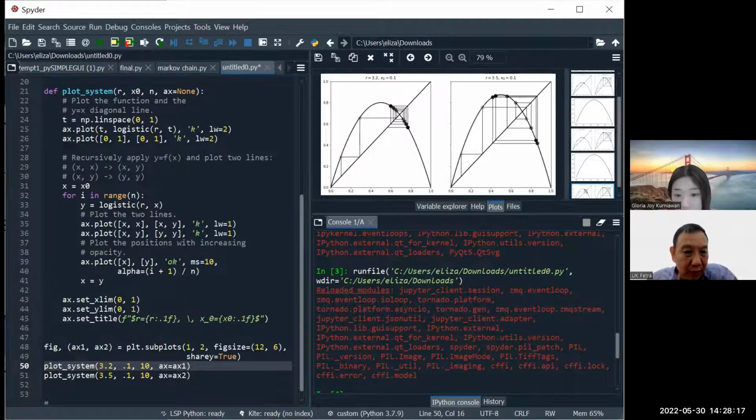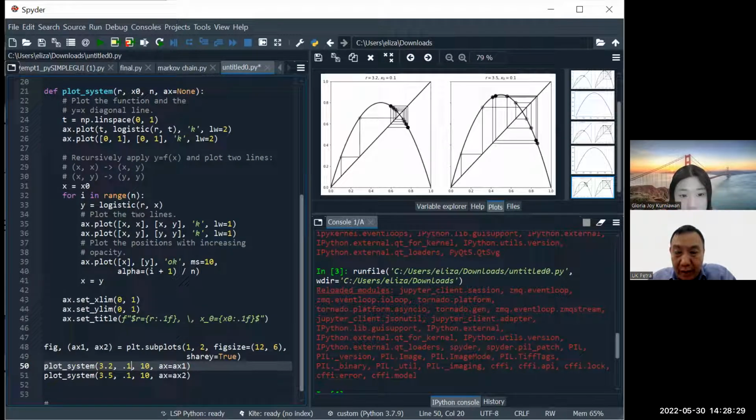It's supposed to run as a 2 cycle. Okay, and you can change the value. Now try to do 3.84. The R is 3.84.